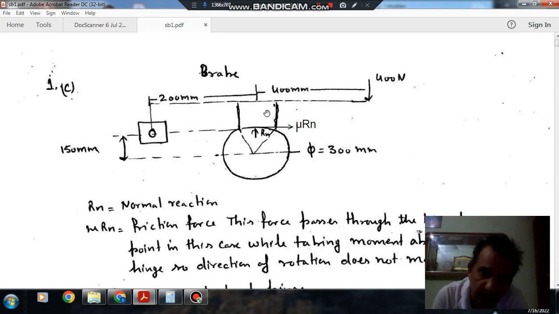So Rn is the normal reaction on this shoe. As this shoe is rotating anti-clockwise with respect to the drum, or we can say the drum is rotating clockwise with respect to the brake, the force of friction on the brake will act in a direction opposite to the relative motion, that is this direction, mu Rn.